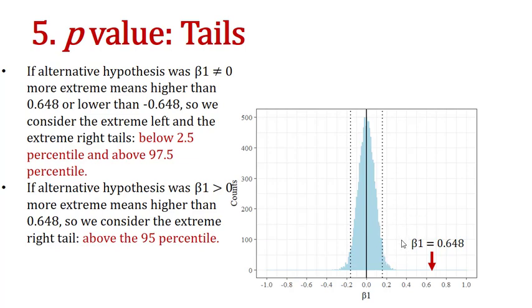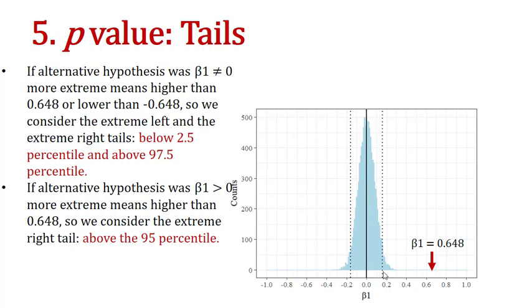So what we want to know is whether this beta 1 of 0.648 in this sampling distribution comes from a population where the beta 1 was 0. When the alternative hypothesis was non-directional, so we said just different than 0, we are looking at percentiles 2.5 and 97.5.